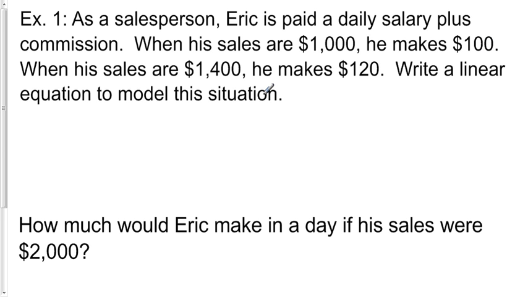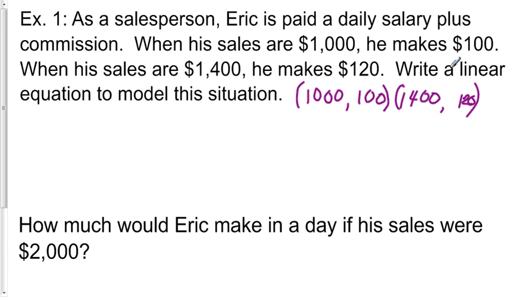So if I create two ordered pairs, the first one could be $1,000, where X is his sales, comma 100, where the Y value is how much he makes. And then another ordered pair would be for the second situation. If he sells $1,400 worth, then he makes 120. So the X value again is his sales, and the Y value is his commission. Okay, so we do have two ordered pairs here.